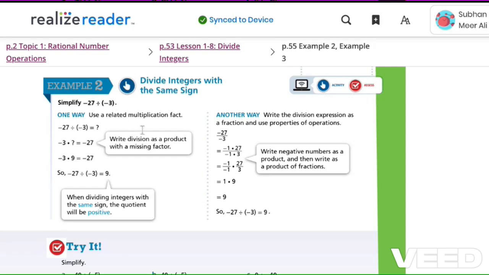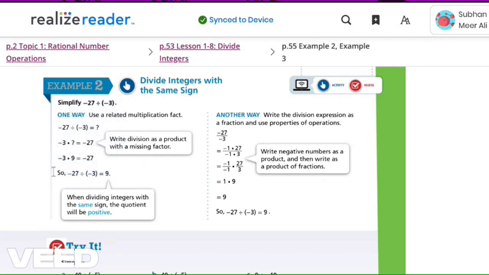However, if you did not know that 27 divided by 3 is 9, what you could do is reverse negative 27 divided by negative 3 into negative 3 times something is negative 27, by which you would get 9. Negative 3 times 9 is negative 27.